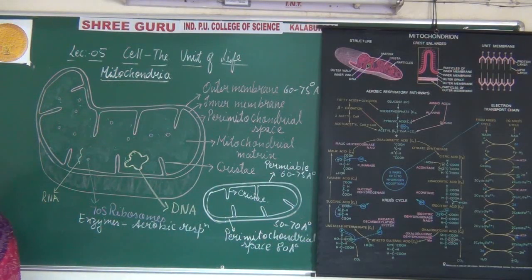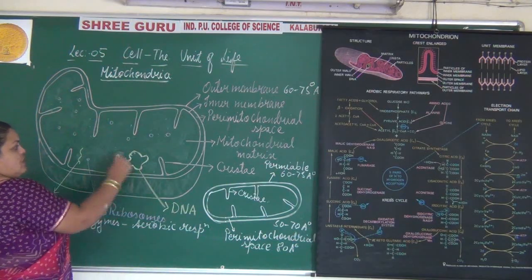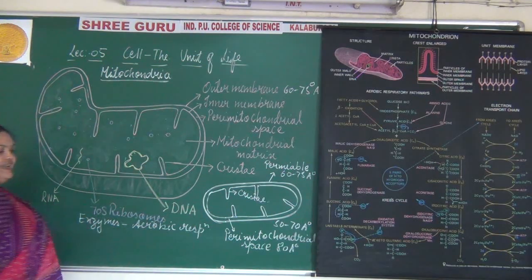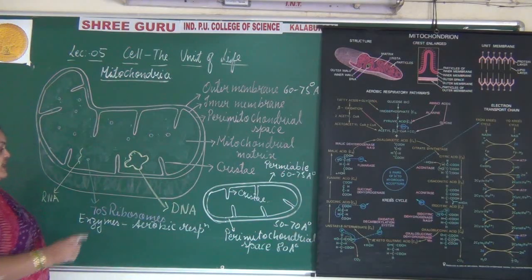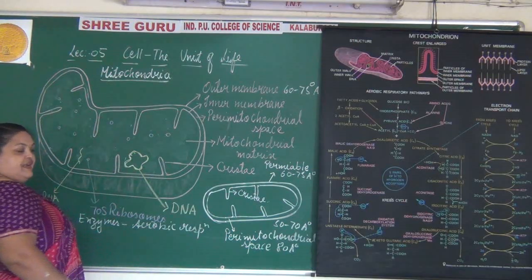Apart from that, the mitochondria has its own DNA. It is an independent structure with its own circular DNA.